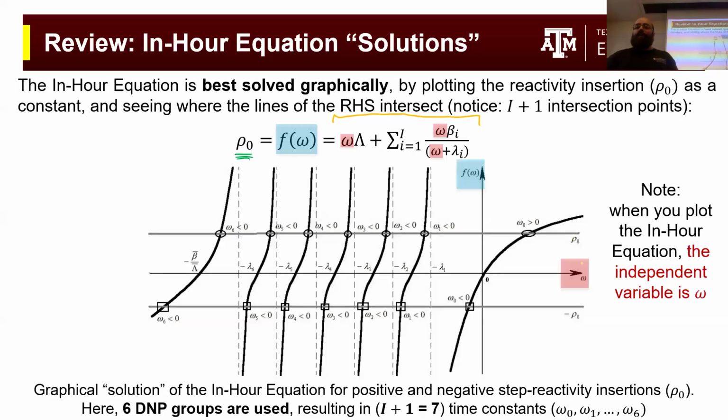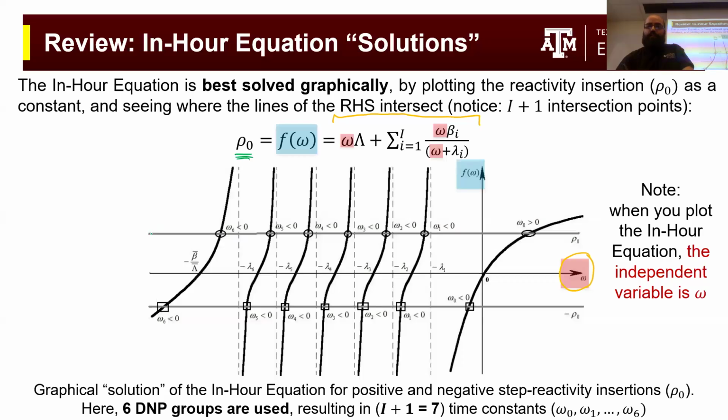The input I'm plotting on my x-axis is omega, and the output is f of omega, which has the same kind of meaning and units as a reactivity. I'm using omega as an input and plotting f of omega, and that gives me all these lines that look like hyperbolic sine or hyperbolic tangent terms.